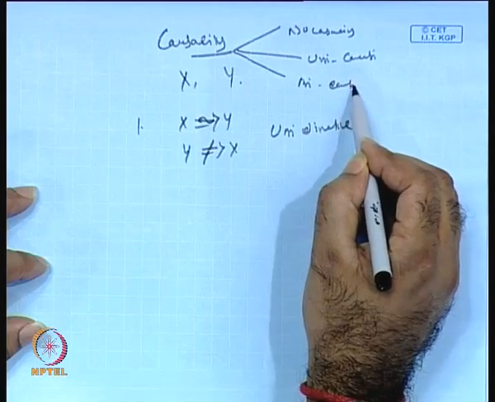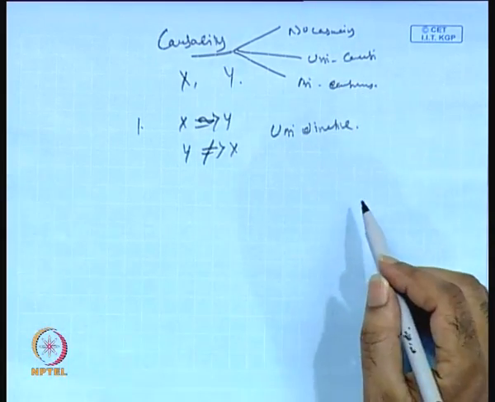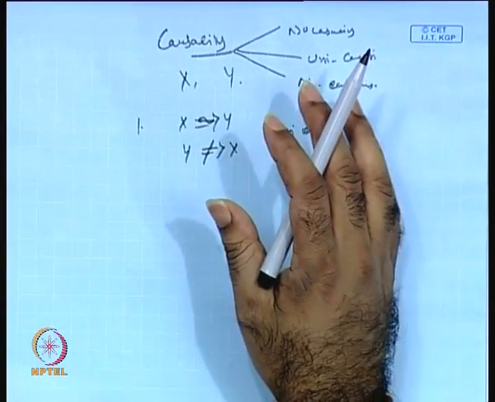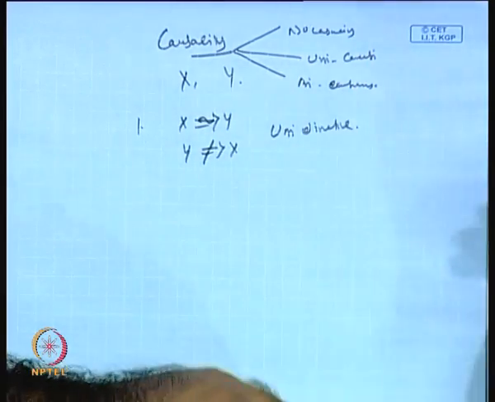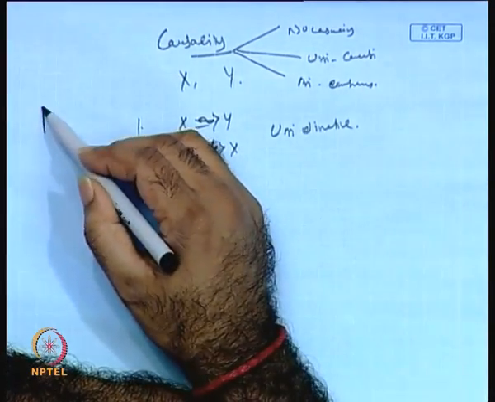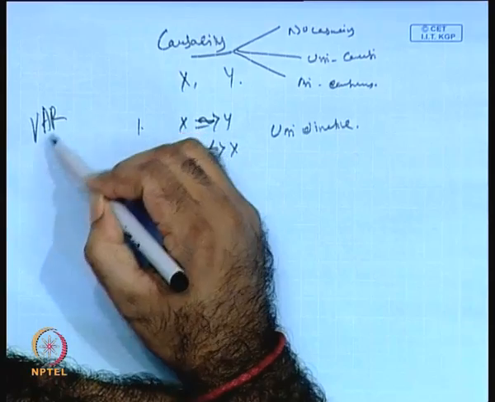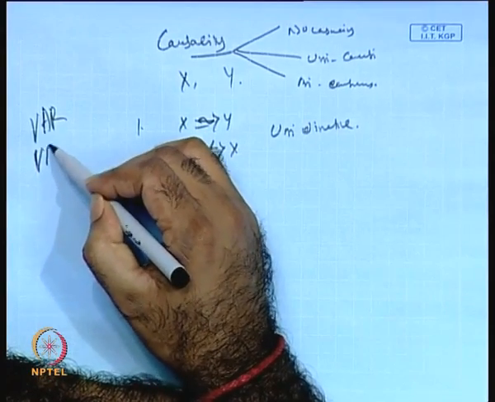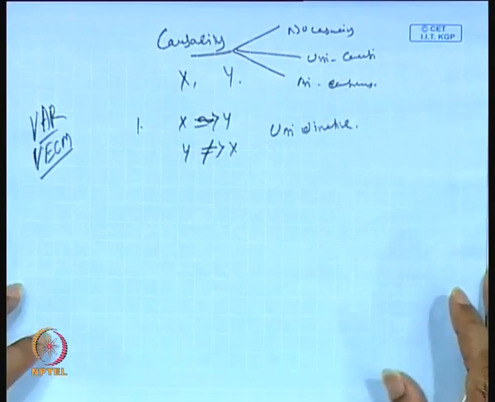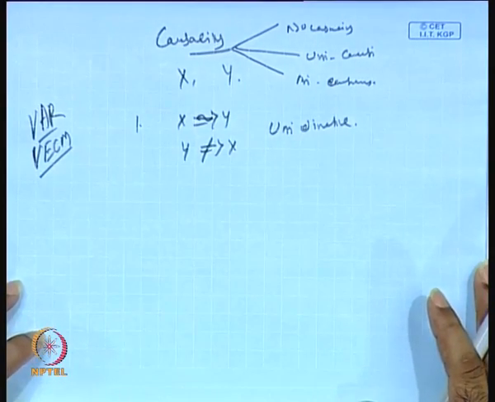With two variables x and y we start with very simple models, then you can extend to multivariate models, like the vector autoregressive model, the VAR model, and vector error correction models. Once you attach to these systems, we can know what the vector error correction model and the VAR model are.